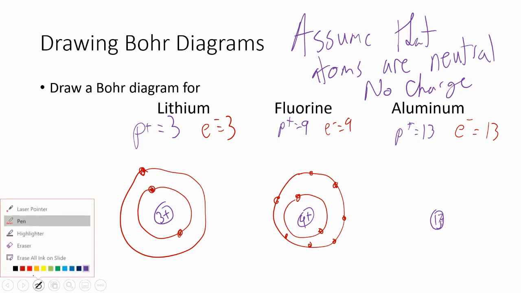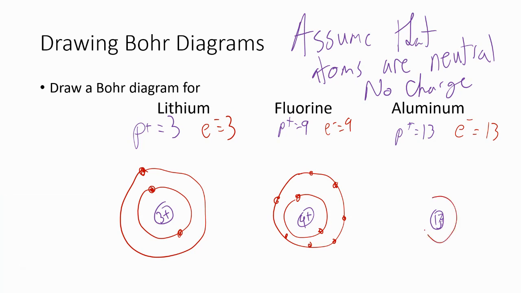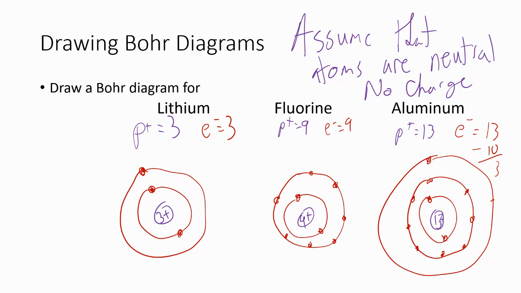Then that first shell has 2 electrons, and that second shell can hold 8. We're going to need all 8 of those. So that's a total of 10 electrons we put in here, 2 in there and 8 in there, but we have 13. So we have 3 electrons left to put in that outer shell.